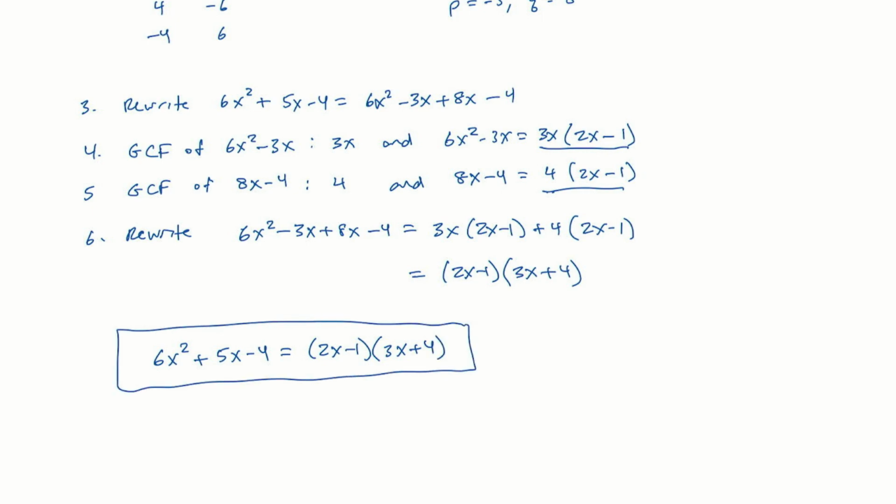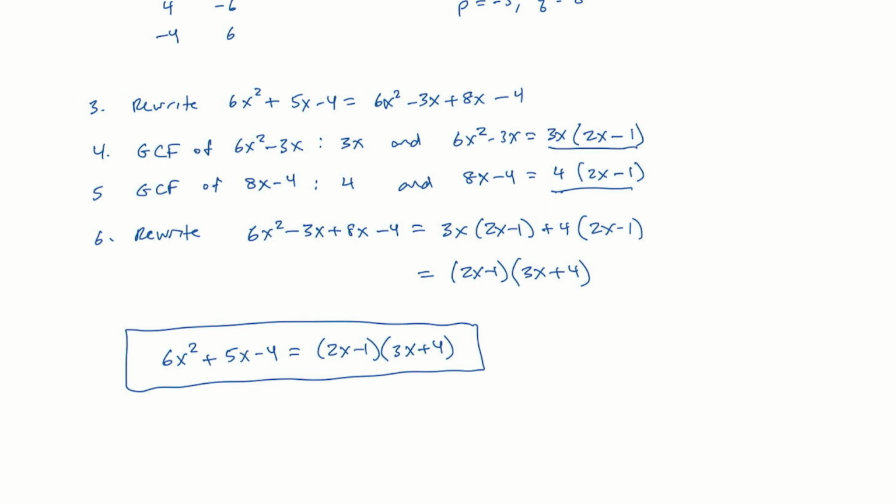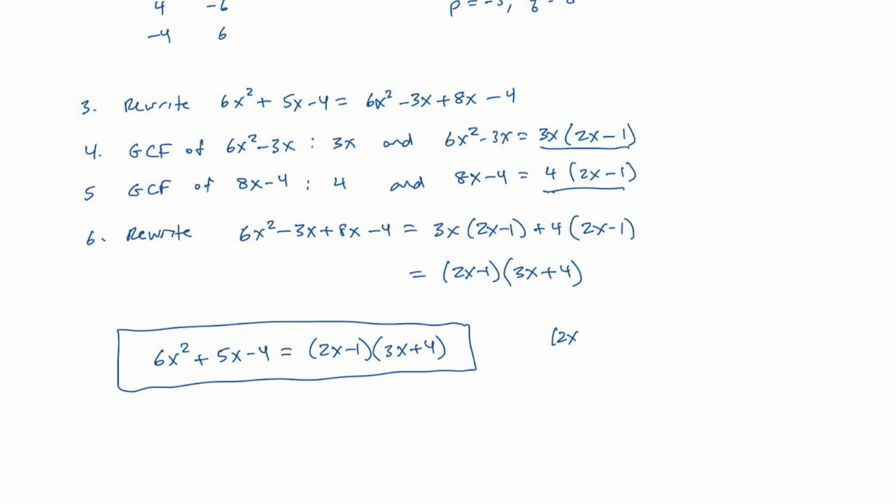And now we can check our answer and make sure we are correct. And so 2x minus 1 times 3x plus 4, this is equal to, okay, we multiply 2x and 3x, we get 6x squared. Now we multiply 2x times 4, we get plus 8x.